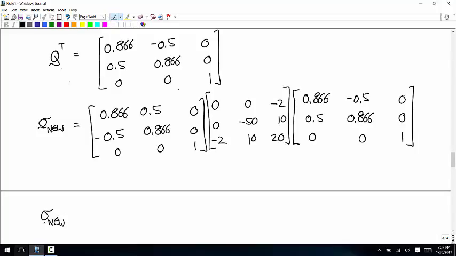And has anyone multiplied that out? Or could you? Yeah. Negative 12.5. Okay. Negative 21.65.